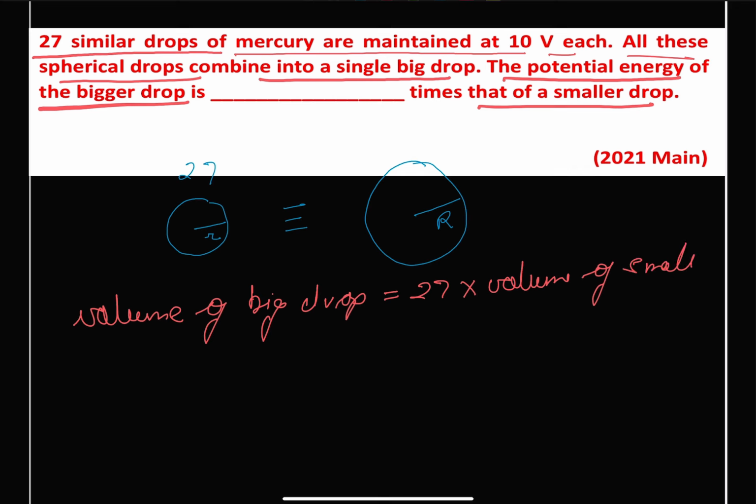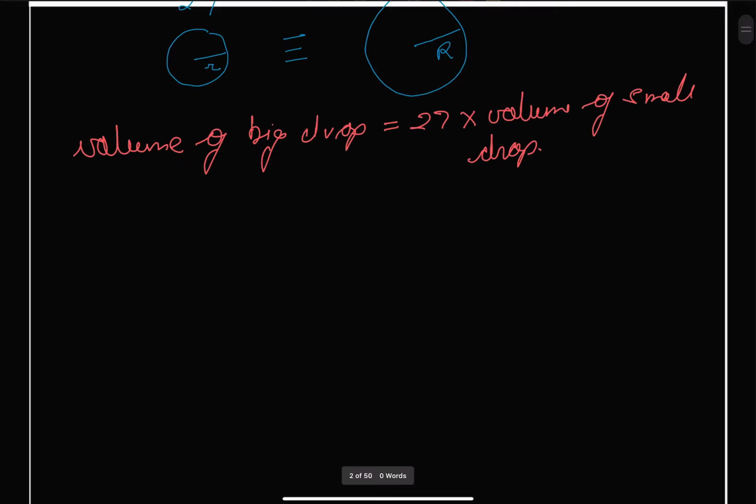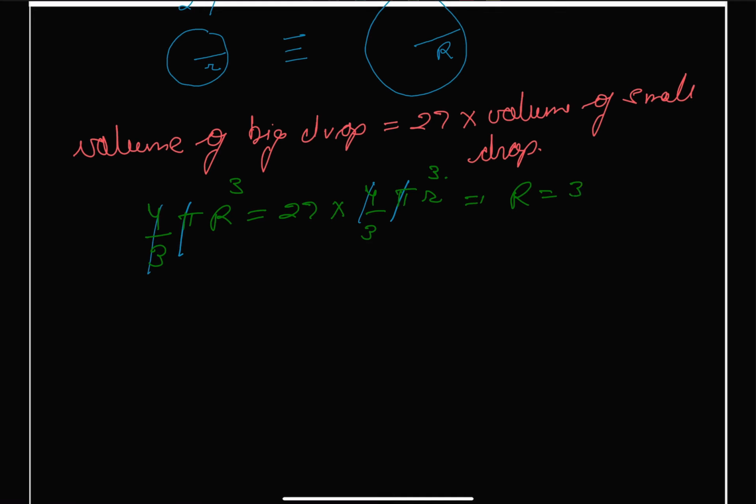So for the bigger drop we can write 4 by 3 pi R cube is equal to 27 times 4 by 3 pi small r cube. 4 by 3 pi cancels out, and we get that the radius of our larger sphere, capital R, is equal to 3 times small r.